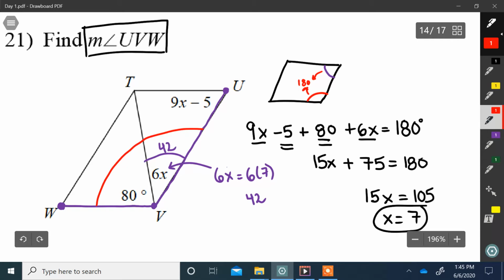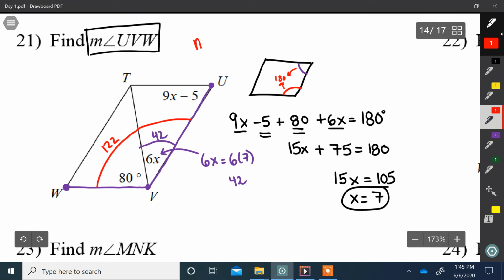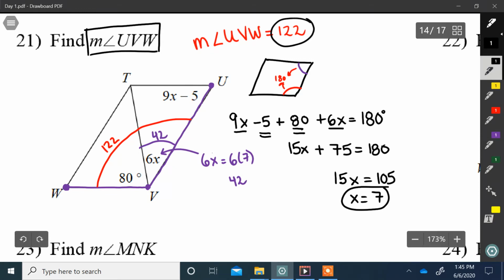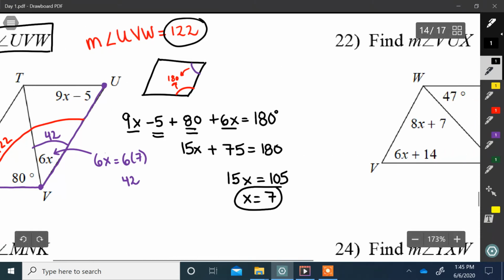So from there to there, that's 122. So the measurement of UBW is equal to 122. On the quiz, it's going to ask you for that angle, and you're just going to write that number, 122. All right, let's go ahead and do a couple more problems.